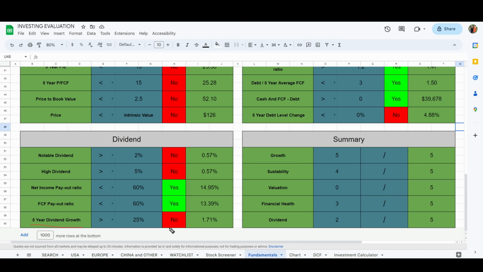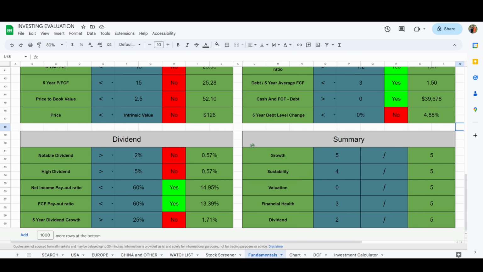And the 5-year dividend growth, we want to see above 25%, which Apple's is not. They did not increase their dividend a lot in the past 5 years.